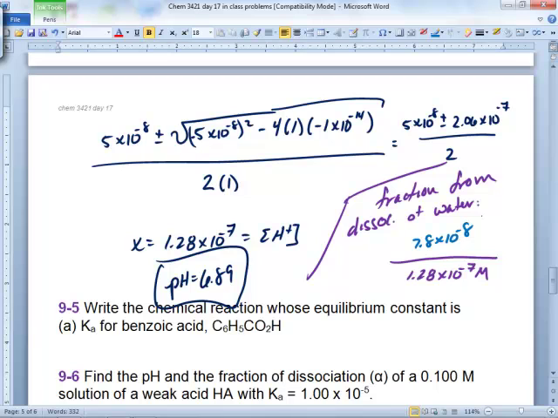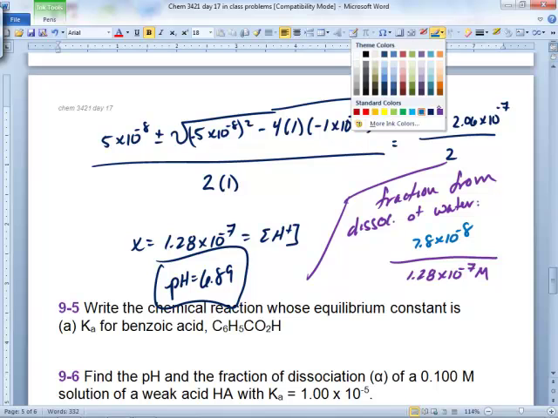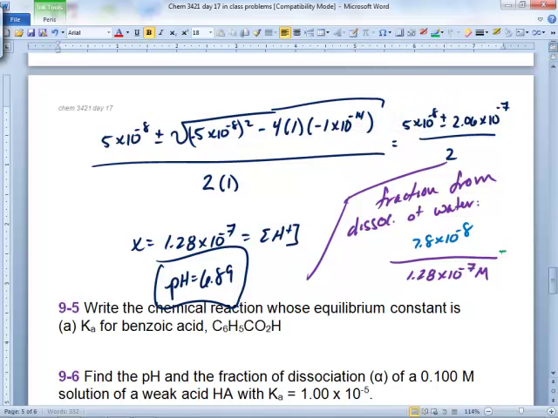And what do you get? Point what? 0.609. Well, 0.61. That make sense?